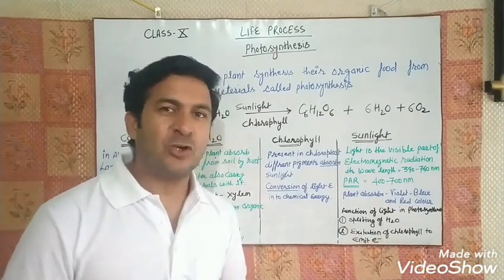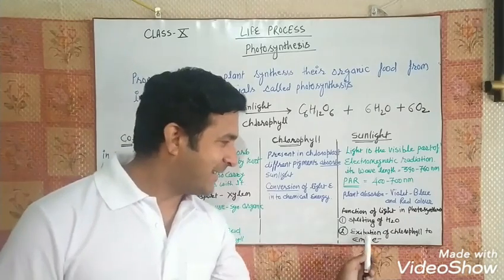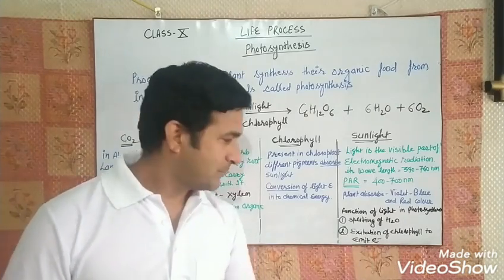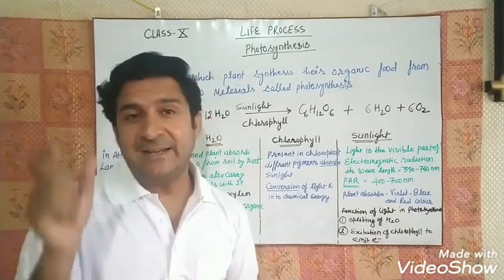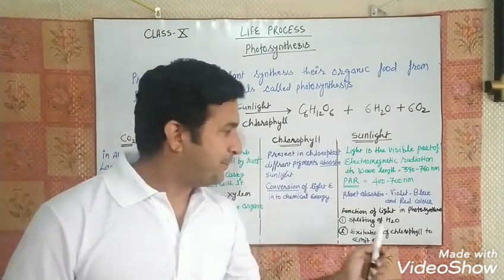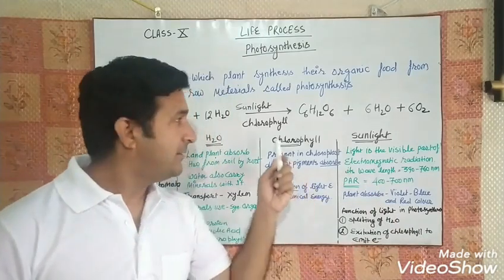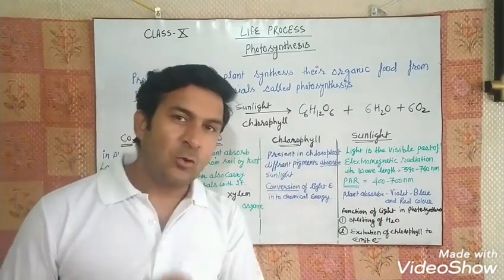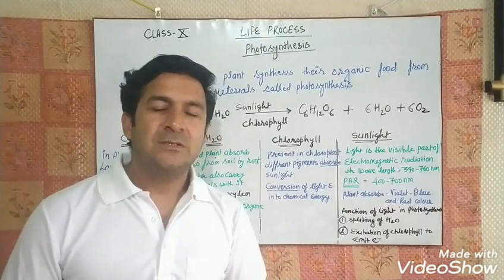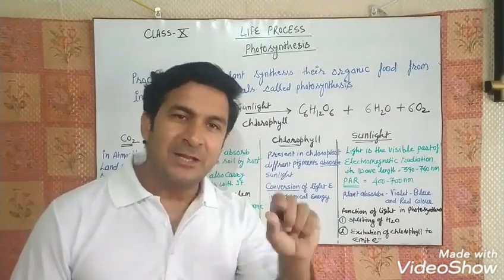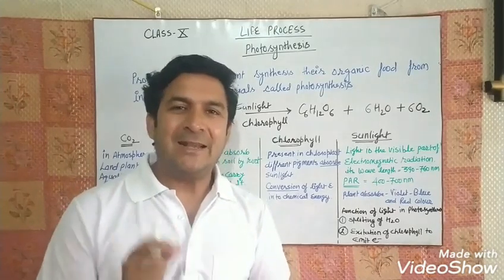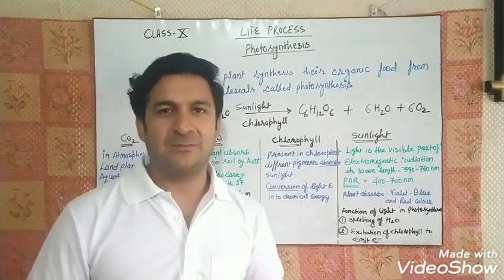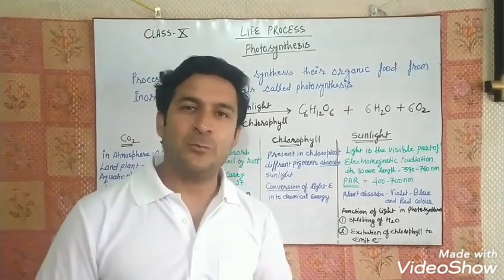The second function of the sunlight is the excitation of chlorophyll to emit electrons, right? Excitation means activation. The presence of sunlight activates the chlorophyll, and this chlorophyll helps to emit electrons during photosynthesis. This you will study deeply in your class 11th, okay, in the electron transport system.